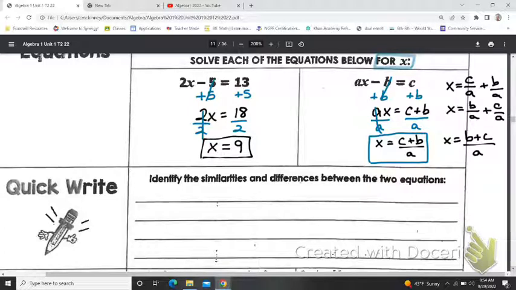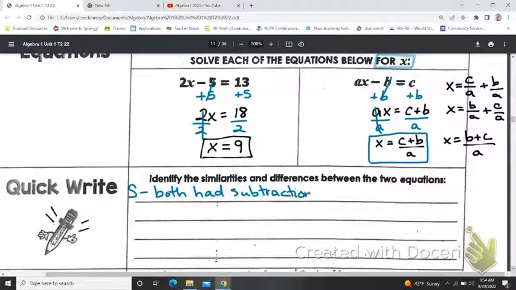All right, so now let's look at what was the same, similarities, and what is different. What are the differences between these two equations? So one similarity, I'm just going to label S for similarity. One similarity is both had subtraction, right, in the original equation.